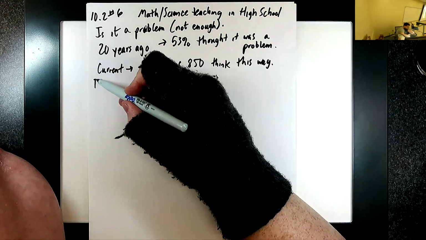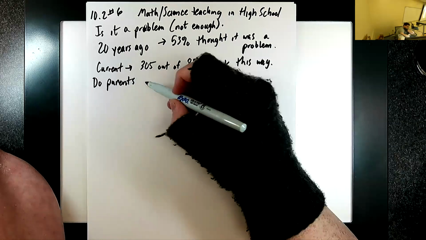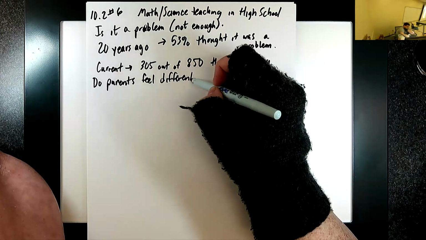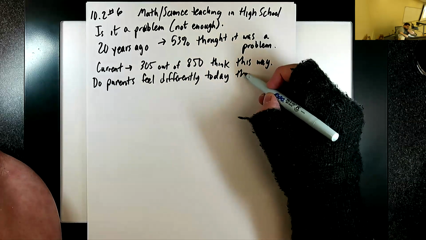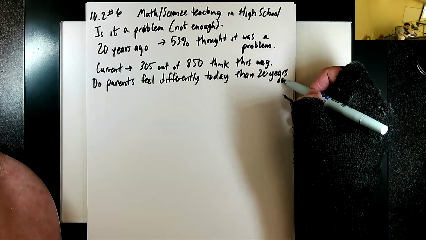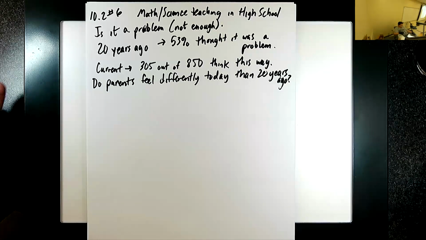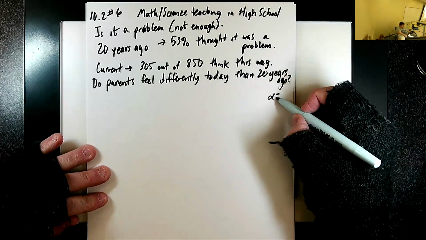And the question they're asking is, do parents feel differently today than 20 years ago? And they give us alpha equals 0.05.